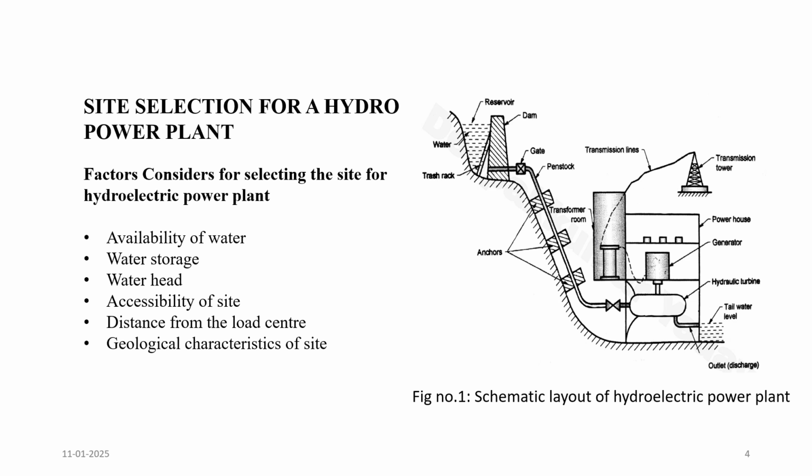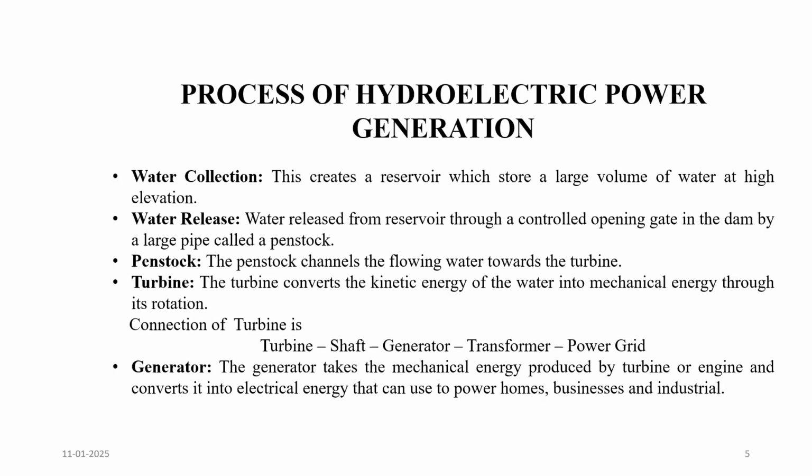First, the most important thing, availability of water, and next water storage, water head, accessibility of site, distance from the load center, geological characteristics of site. Here we also show the figure, a schematic layout of the hydroelectric power plant. Moving on to the next slide.